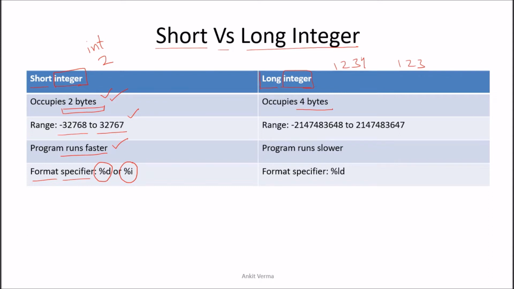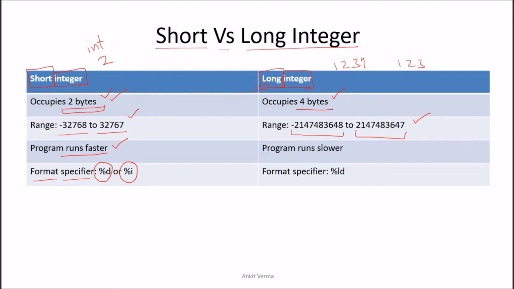That will be with the help of the long keyword. If you apply short, you want the small values to be stored. With long you can see that 4 bytes of memory it will take, and you can calculate that the range will go from minus 2147483648 to 2147483647. So the huge range is there only by applying long.